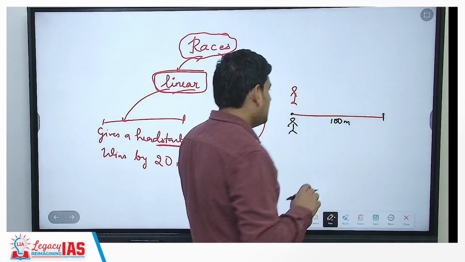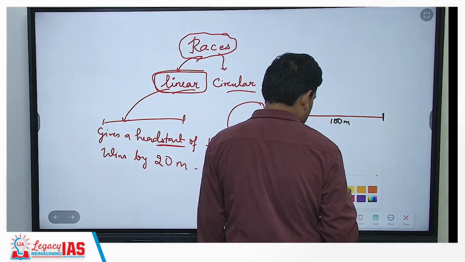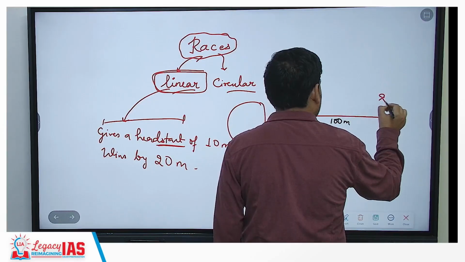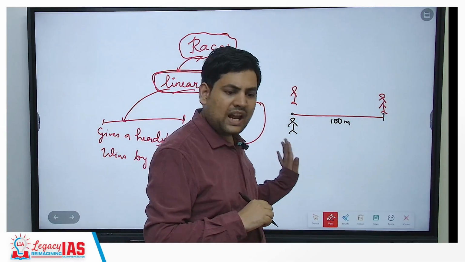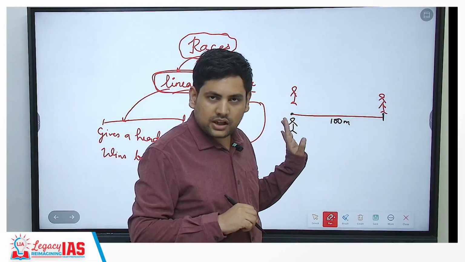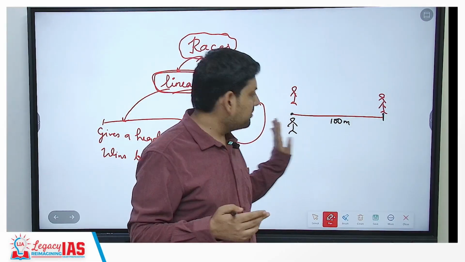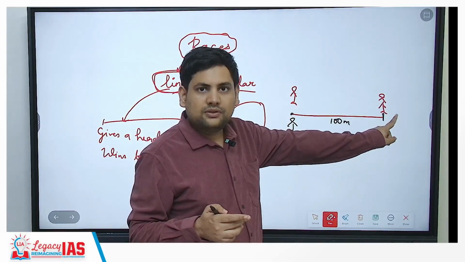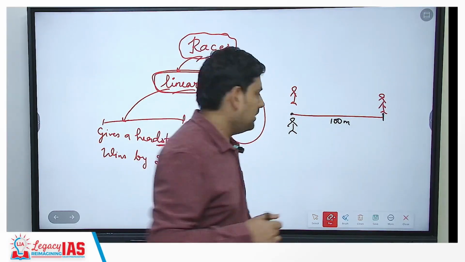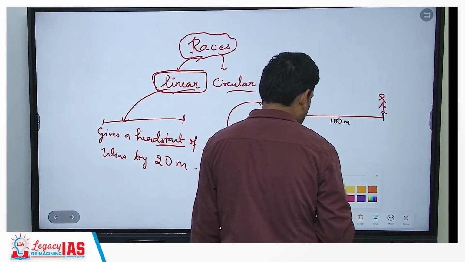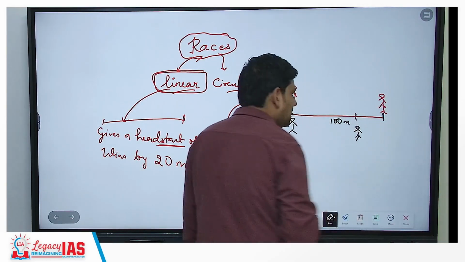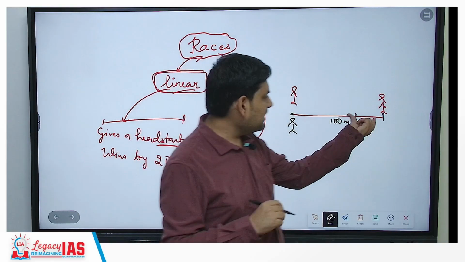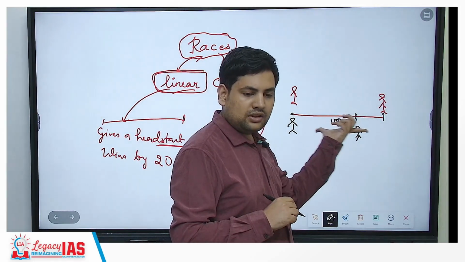Now the scenario is when red reaches here, that is at the final point, then black will be some meters behind, correct? Black will be some meters behind when this red one reaches the end. So let's say the black one reaches here at some point here. Now this was the total length of the race.